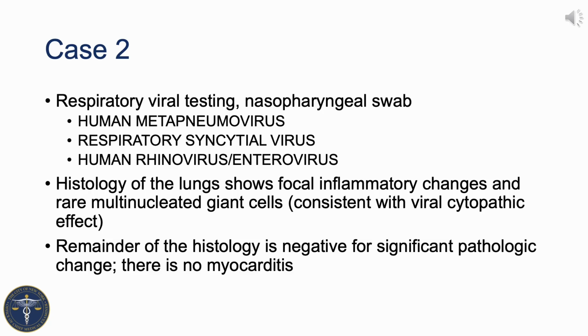Respiratory viral testing reveals human metapneumovirus, respiratory syncytial virus, and human rhinovirus enterovirus. Histology of the lungs shows focal inflammatory changes and rare multinucleated giant cells consistent with viral cytopathic effect. The remainder of the histology is negative for significant pathologic change, and there is no evidence of myocarditis.